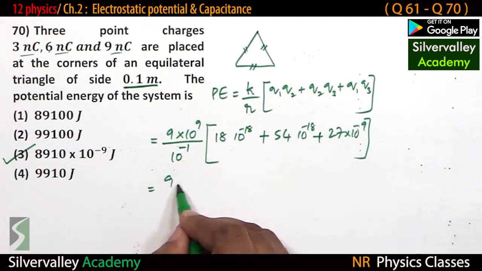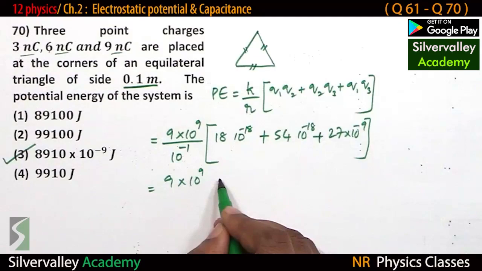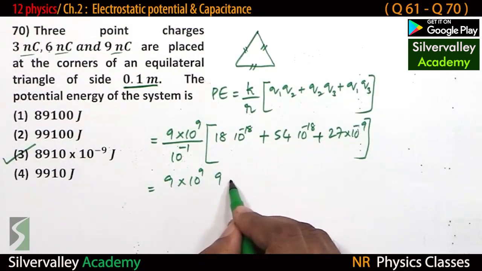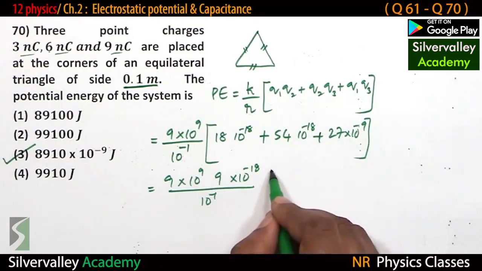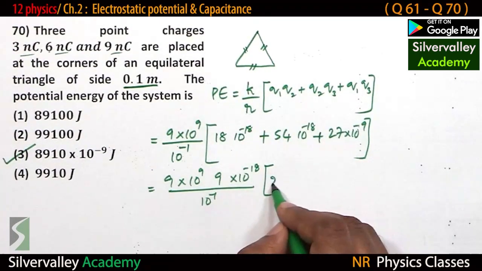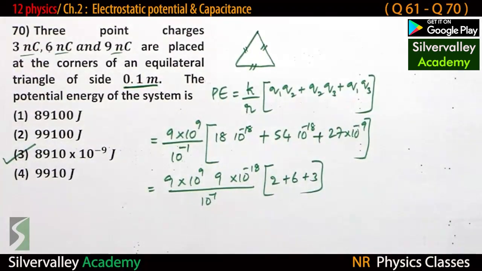So in all this, 9 into 10 power 9, 9 is a common factor. 9 into 10 power minus 18, 10 power minus 1, remaining is 2 6 3. Now simplify.